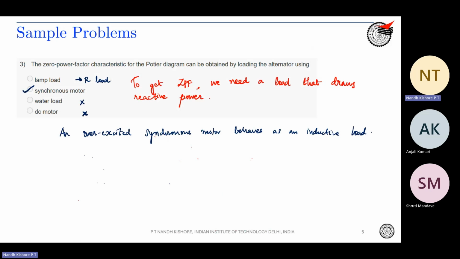Right? Because to get ZPF, you need something that makes sure phi is 90-degree lagging. That is, current lags voltage by 90 degrees. Okay. So water load is R load, DC motor is not an AC load. Okay. Lamp load is purely resistive. So unity power factor. Hmm.